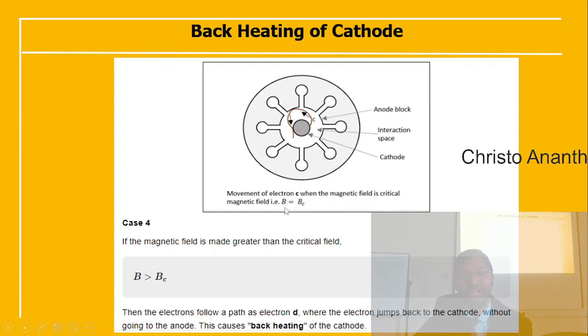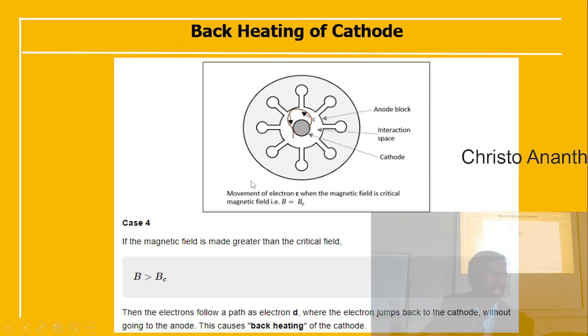So the critical magnetic field: here B is equal to BC. So the magnetic field is equal to the critical magnetic field. Then we have case 4. If the magnetic field is made greater than the critical field, what happens? B is greater than the critical field. Then the electrons follow the path of electron D, where the electron jumps back to the cathode without going to the anode.